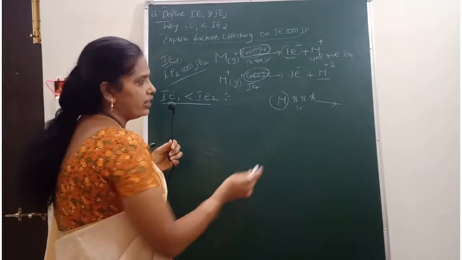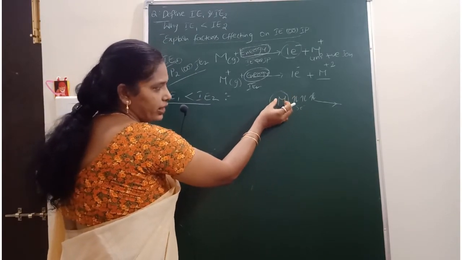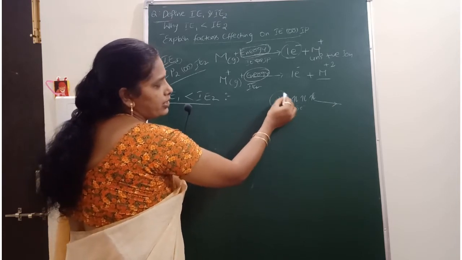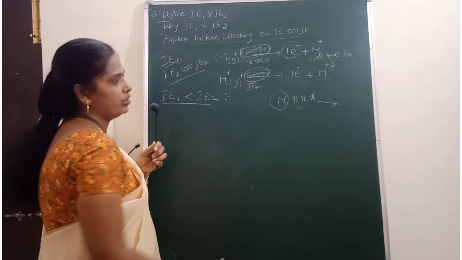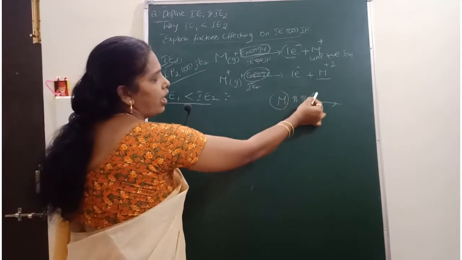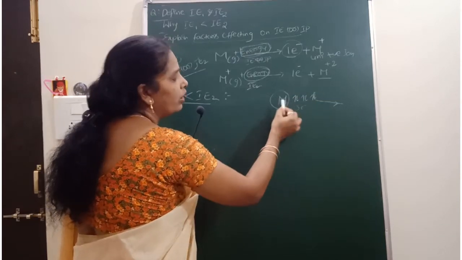The nucleus has nuclear attraction on the whole of these electrons. We are removing one electron from 6, but 6 electrons' attraction is less than the attraction on the remaining 5 electrons.